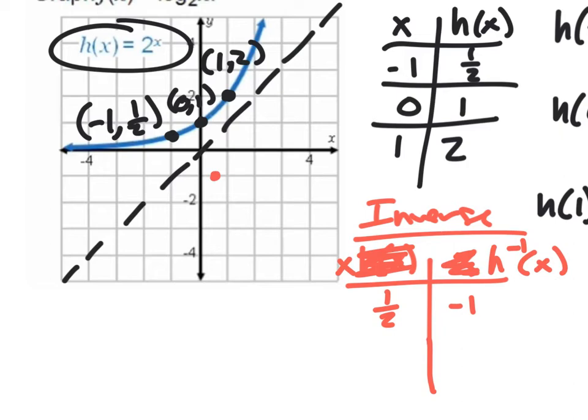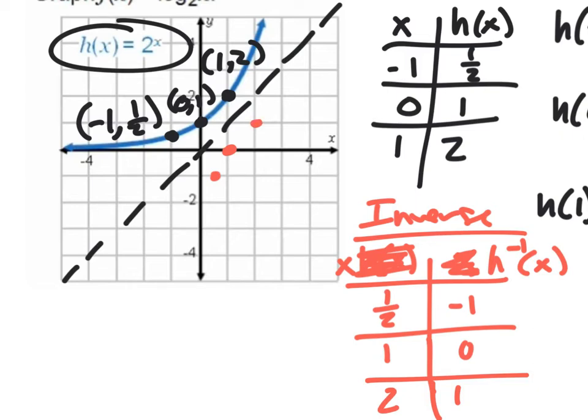The other point that I know is on the graph is the point 1, 0. All I'm doing is getting that from here. I'm just switching these x and y values, and then plotting the new points. That point is right here. The other point that I have is the point 2, 1, and that point goes here.